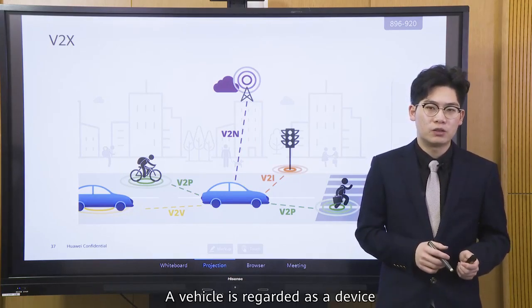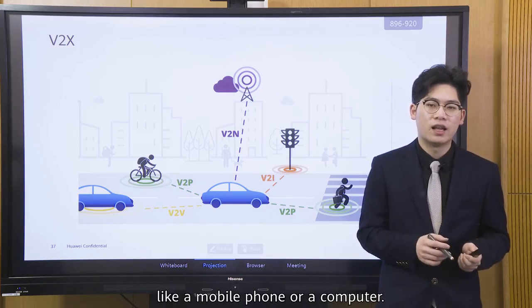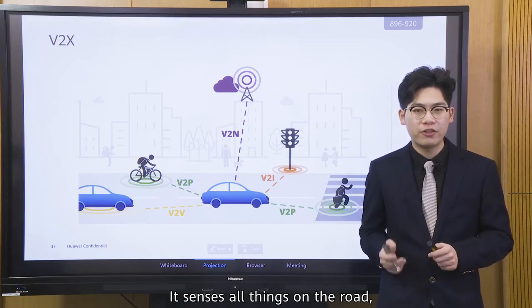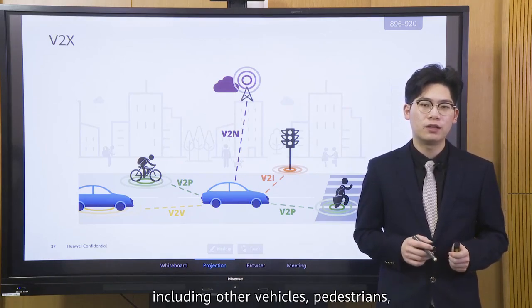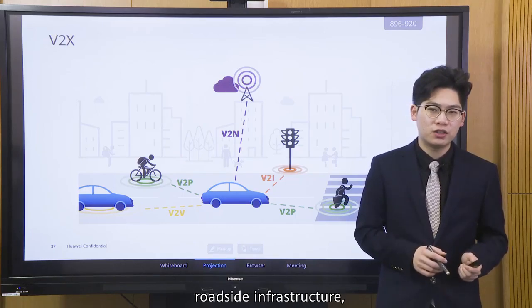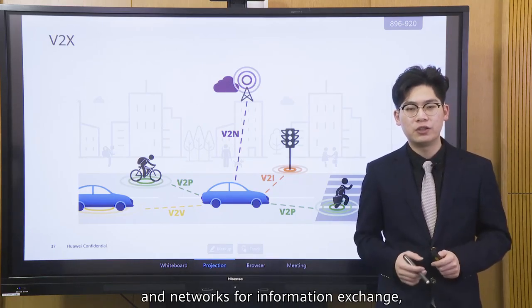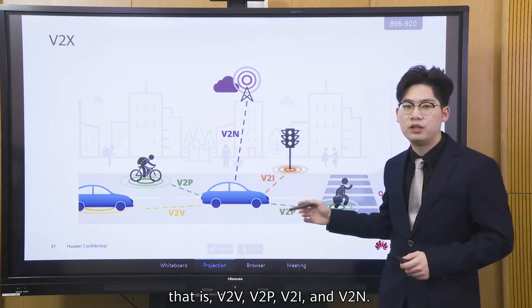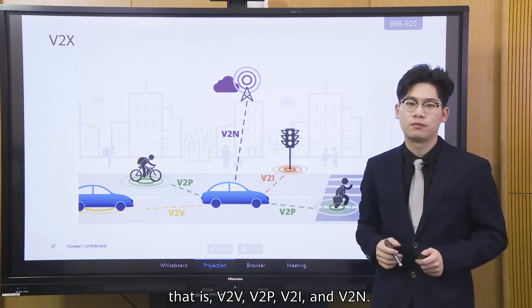A vehicle is regarded as a device like a mobile phone or a computer. It senses all things on the road, including other vehicles, pedestrians, roadside infrastructure, and networks for information exchange. That is V2V, V2P, V2I, and V2N.